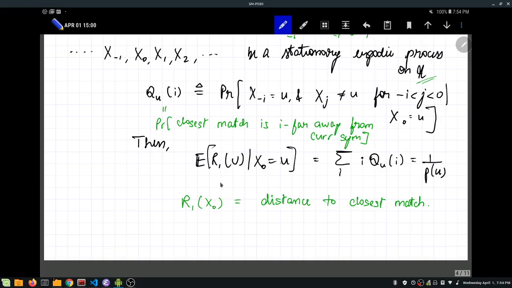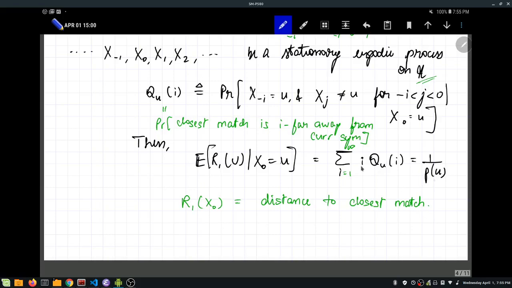So the expected distance to the closest match, E[R1(U)], if you think about it carefully, is simply the sum over all possible i from 1 to infinity of i times Q_U(i).